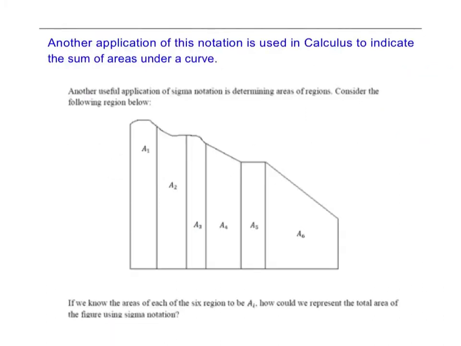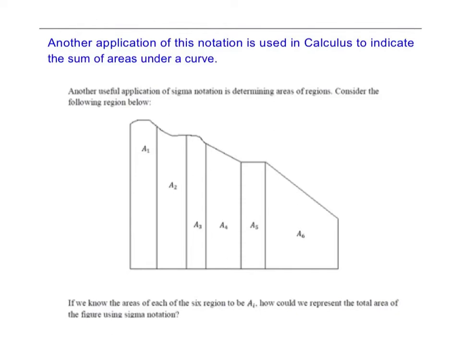This idea of adding areas together is what we're going to use in calculus later on when we find the area under a curve. We found the area under two-dimensional, kind of straight curves and things. But in calculus, we would actually have different areas, and you can see them here, all these different areas.